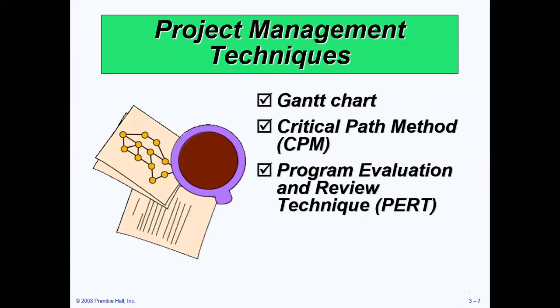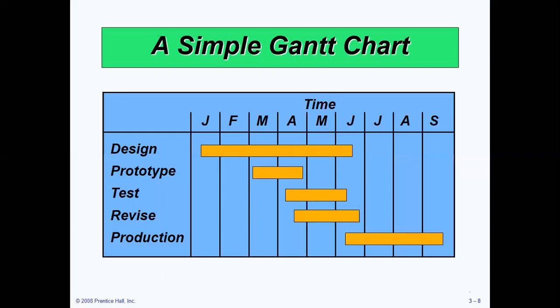These are some of the project management techniques that you can see on the screen. The first one is the Gantt chart. I hope you are familiar with this particular technique. The second one is CPM, critical path method. And the third one is PERT, which we call program evaluation and review technique.